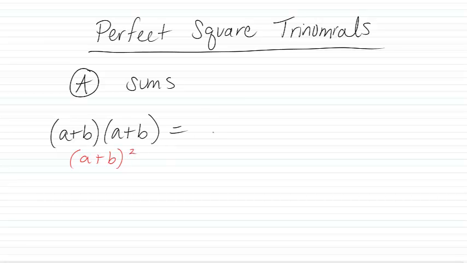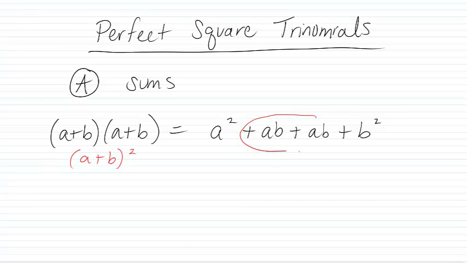If I multiply my first two terms, a times a, I get a squared. I'm going to add my outside terms, ab, my inside terms, ab again, and then my last terms, b times b, is b squared. In this case, my middle terms aren't canceling, but notice they're alike. When I simplify this, I get a squared plus 2ab plus b squared.